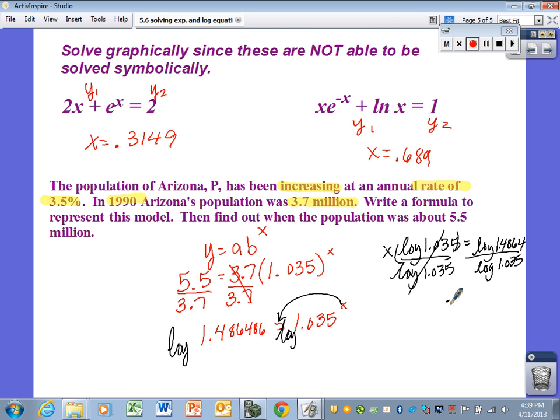I get x to be about 11 years from 1990. So that would be in about 2001, the population was 5.5 million.